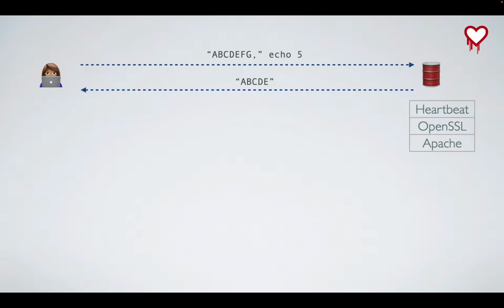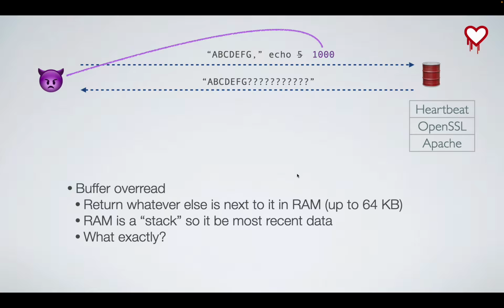Cold boot attacks are another whole attack that has nothing to do with this. The point is that we call this a buffer overread. It's related to a buffer overflow, but in this case we're not writing data outside. The buffer is the fact that this string is 7 bytes long, a bunch of characters with a certain length. Because we're reading beyond the end of it, we call it a buffer overread.